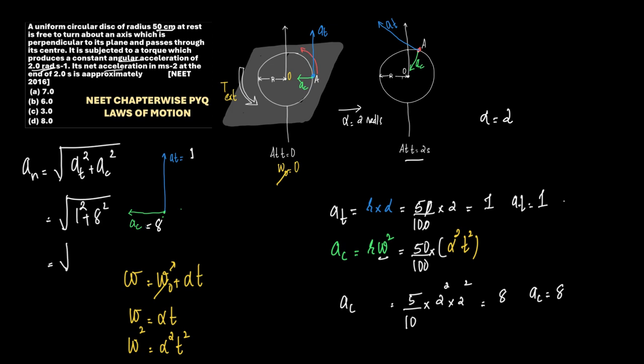So what we get is root of 65. 7 square is 49, 8 square is 64. Therefore, the value should be definitely greater than 8, and therefore we round it to 8, which gives us the correct option as option D.